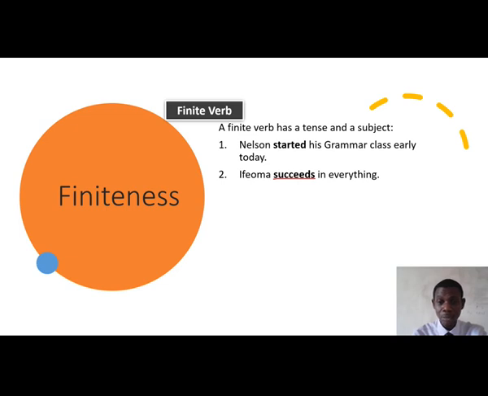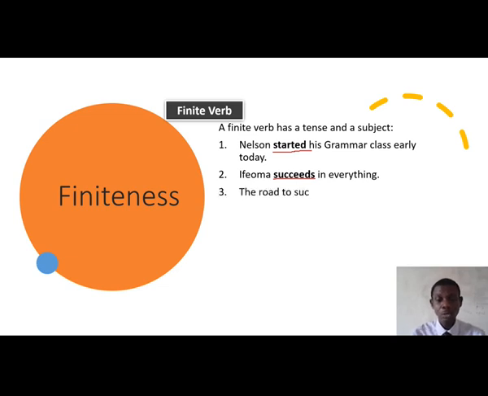Yes, this is simple present tense. We can take it into past tense: Informal succeeded in everything. Informal will succeed in everything. So that is how to know. So we agree here now that started is a finite verb and succeed is also a finite verb.